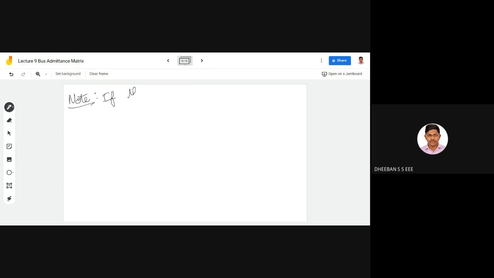If the given values are in the form of impedance, then impedance in the sense Zij.